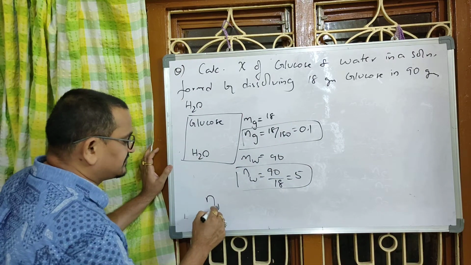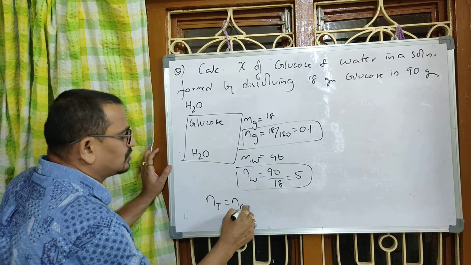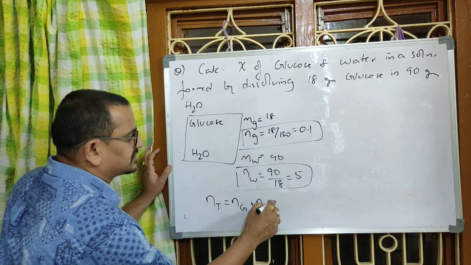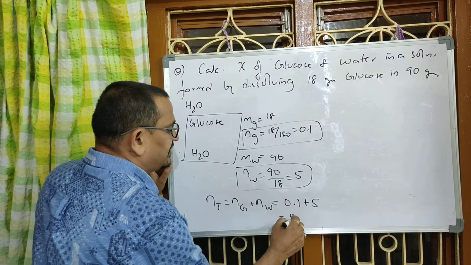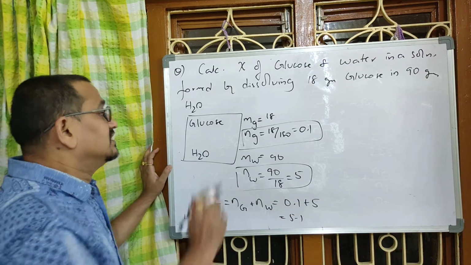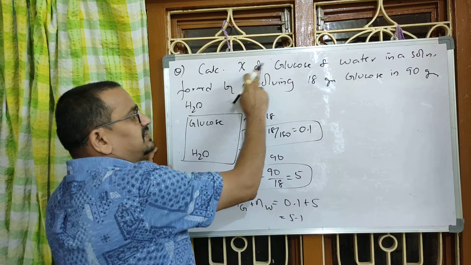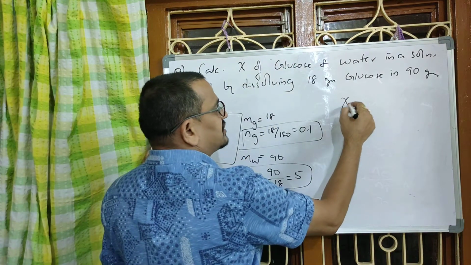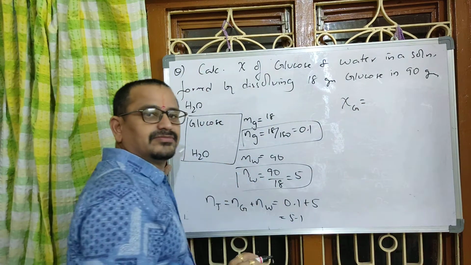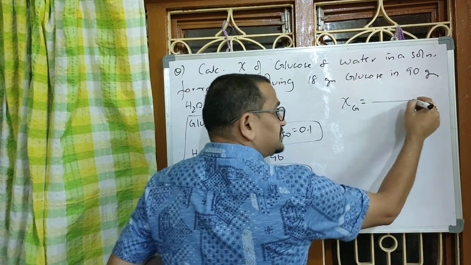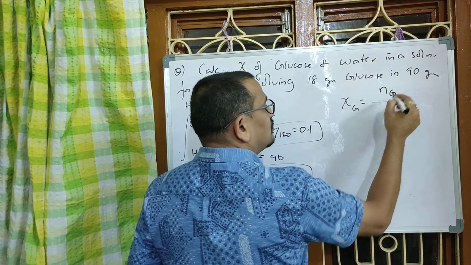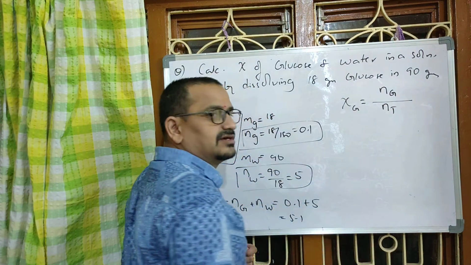What are the total moles of the mixture? The number of moles of glucose plus the number of moles of water. That is 0.1 plus 5, that is 5.1. This is the total moles. Now, what are we asked to calculate? The mole fraction of glucose. The mole fraction of a particular component is the ratio of the number of moles of glucose to the total moles of the mixture.